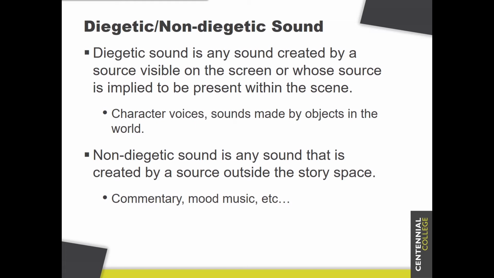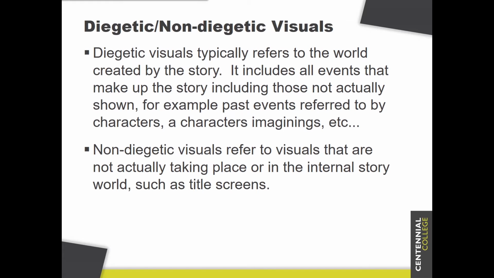Now, in exactly the same way that there are diegetic and non-diegetic sound, and I guess there can be to some degree within traditional film as well, within video games there are diegetic and non-diegetic visuals. Within a video game, a diegetic visual is anything that is in the world space that we've created.